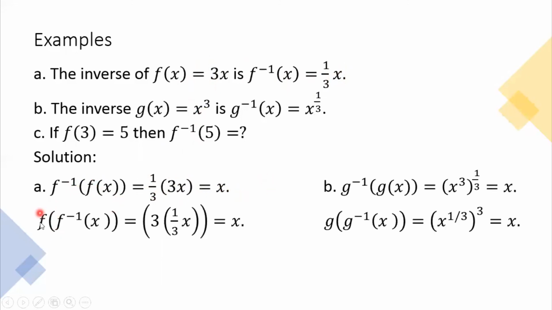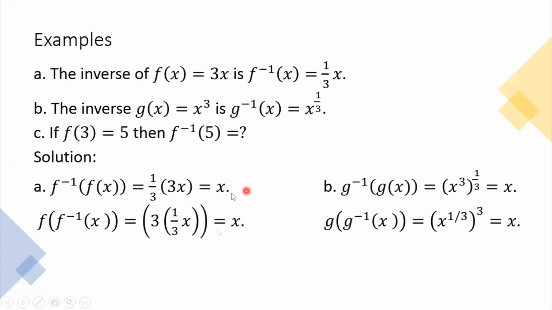Next, we have to satisfy f of f inverse of x. Now f is 3x, and we have to substitute our f inverse of x to our f. Our f inverse is 1/3 x, so this will be substituted to the variable of f. So 3 times 1/3 x, and since 3 over 3 is 1, then we have x.